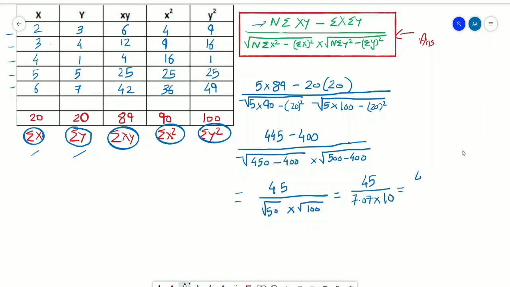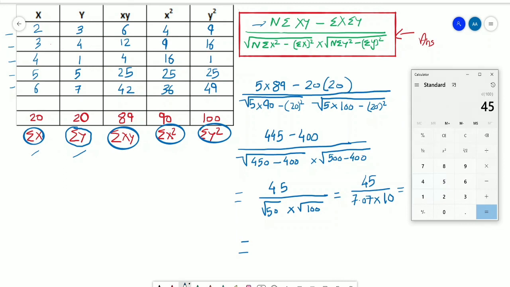Take a multiplication, 45 upon 7.07 into 10, which will give us 70.7. On further solving, you will get the final answer.